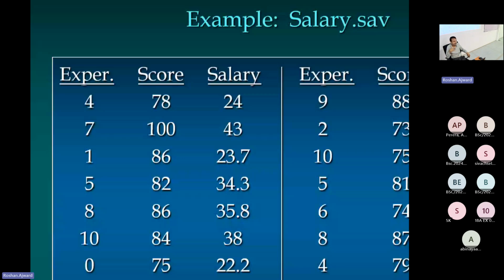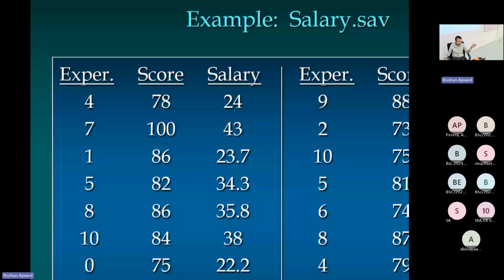And they got marks. In American terminology, we call them scores, not marks. So it's the marks that they got, the score out of 100. You can see the first person got 78 marks for the aptitude test. So the aptitude test represents the knowledge. Experience represents the experience.